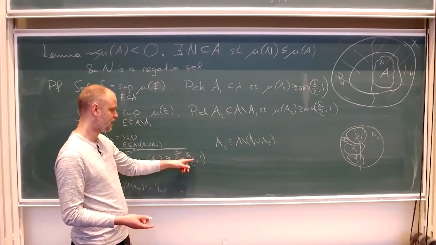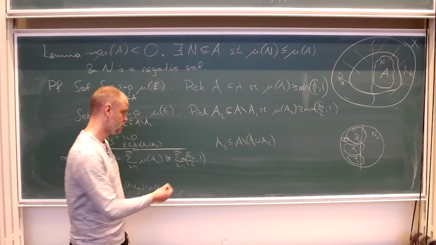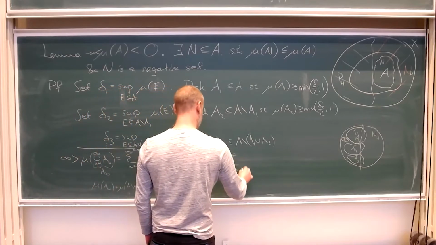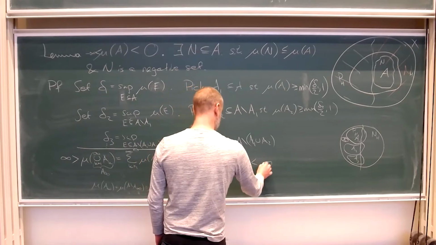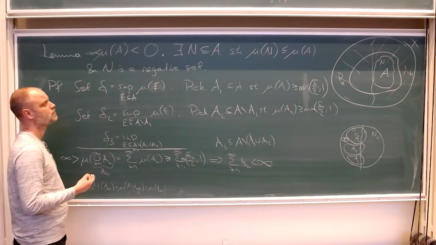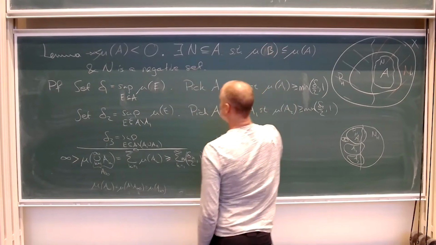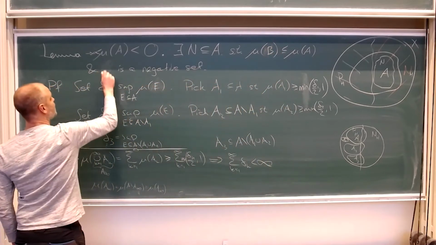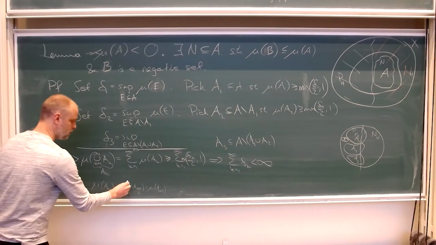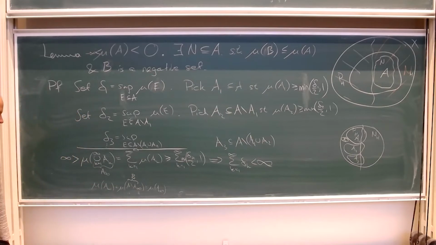So at some point the delta k's are going to be smaller than 1, and then we conclude that the infinite sum from 1 to infinity of delta k must also be a finite number. So in the book they call this here B, I'm going to call it the same. And then what we're actually going to do is this set here, we're going to define that equal to B.